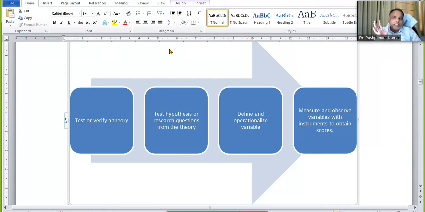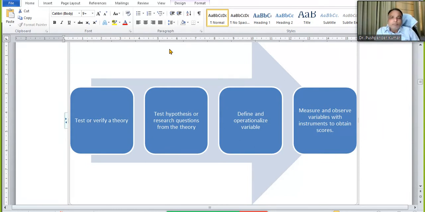What is a hypothesis? As I mentioned, highly intelligent people will have high performance. Highly intelligence leads to high performance. Simple terms. So this is one kind of hypothesis.